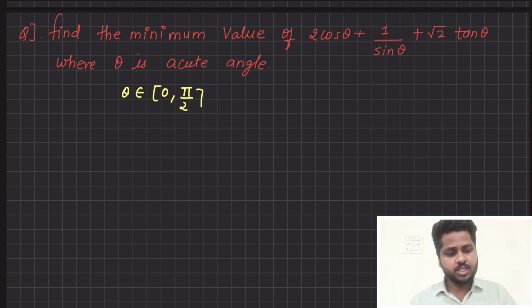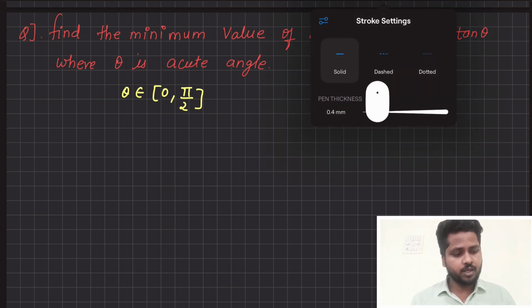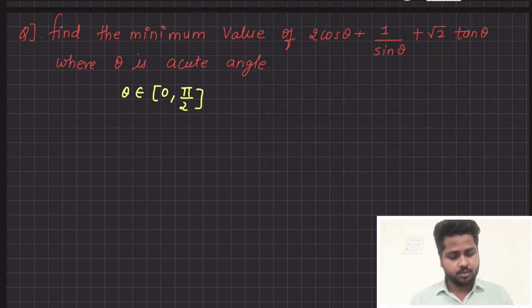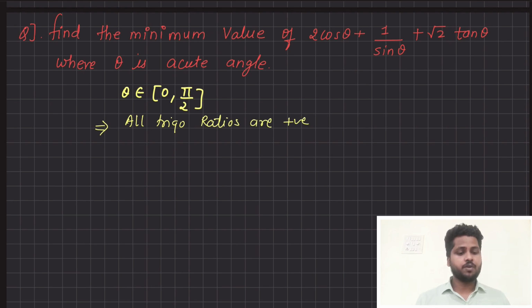If theta is between 0 to pi by 2, then all trigonometric ratios are positive, right? We have to find out the minimum value of this function.